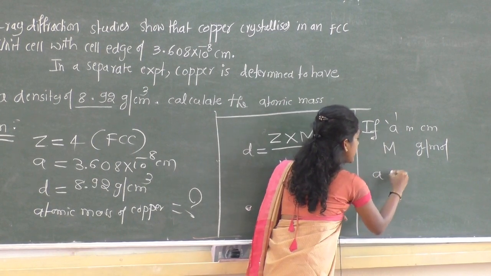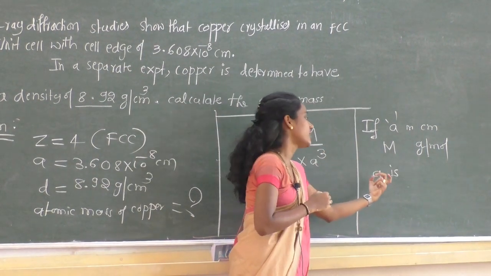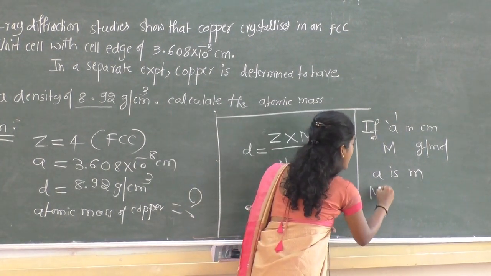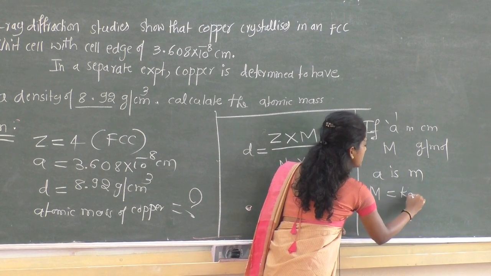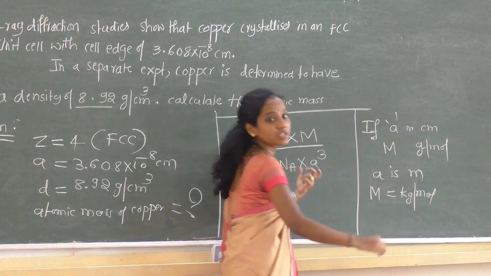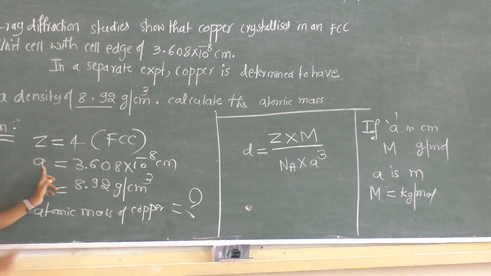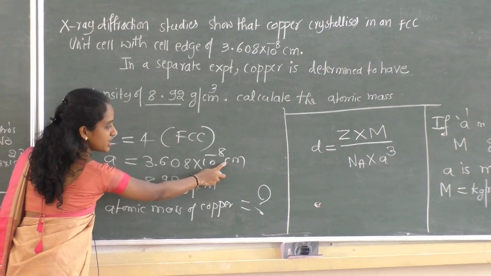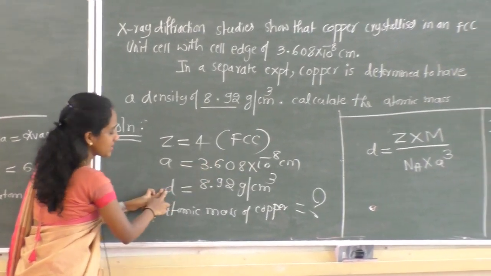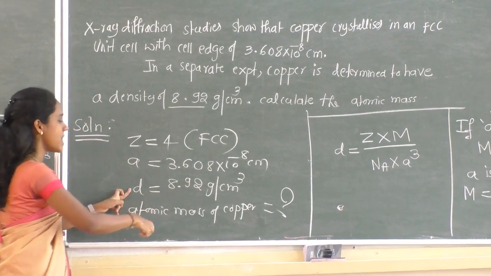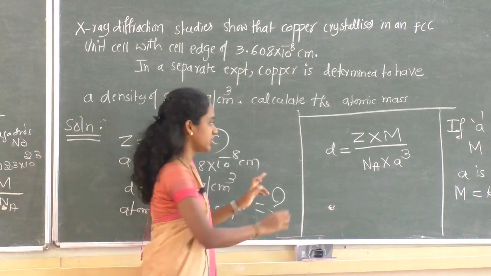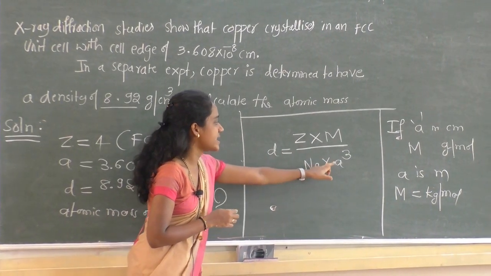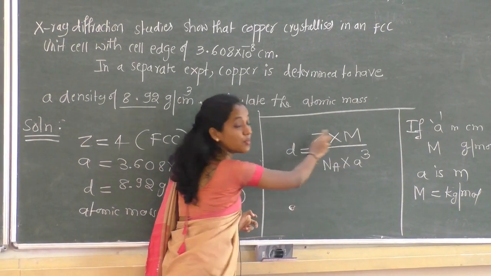Or if a, the edge length, is given in meters, then we need to convert molar mass to kg per mole. Now in the problem, the value of a is in centimeters. Here molar mass is not given, we are calculating the molar mass. So here we have no problem at all. So let us calculate it. We have d value, Z, Na and a values. So directly we have to calculate the molar mass.